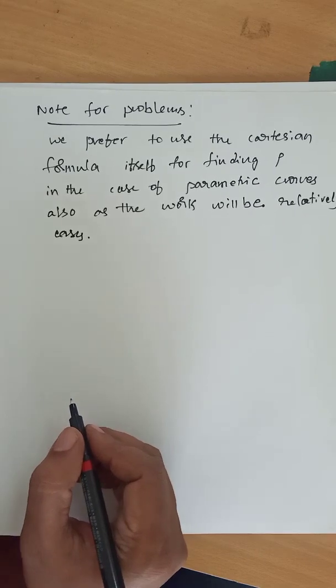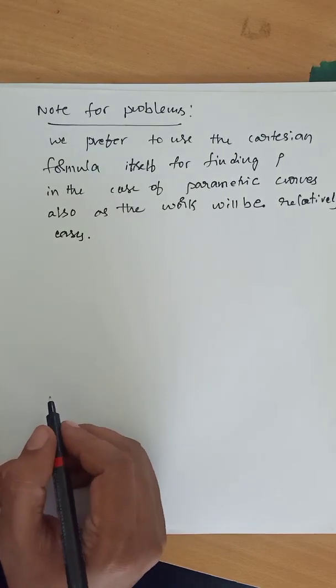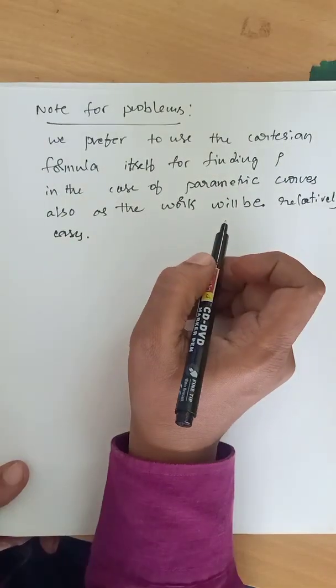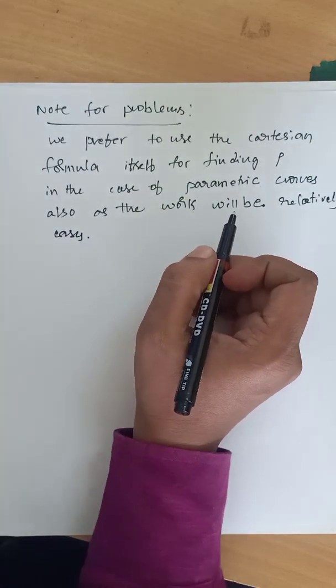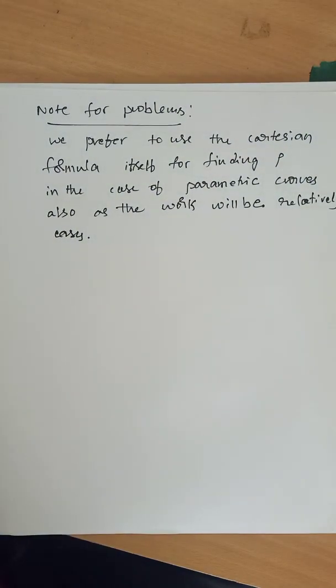That means, suppose a parametric curve is given, we prefer to use the Cartesian formula to get the required radius of curvature. So later we are discussing that.